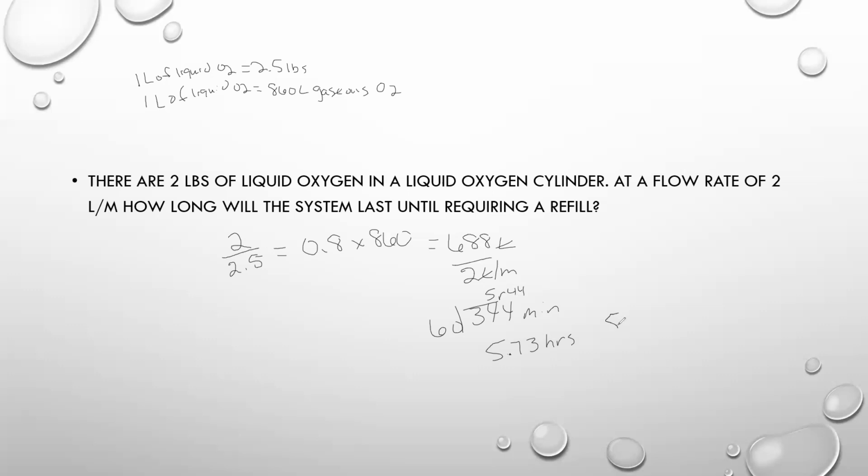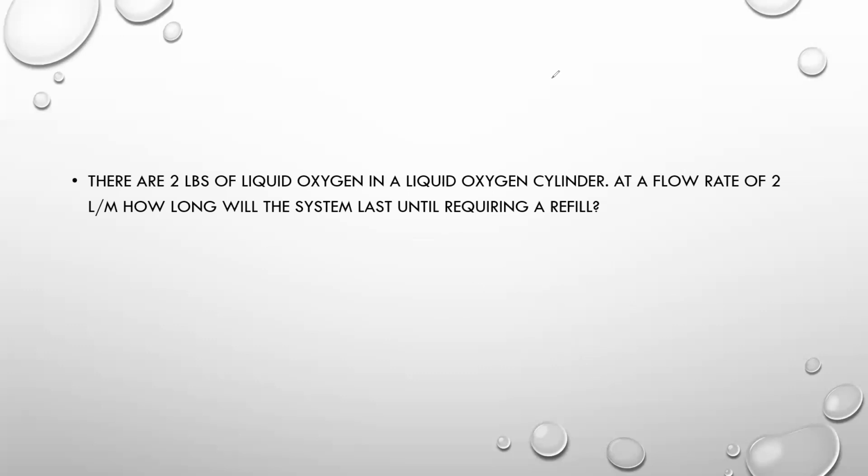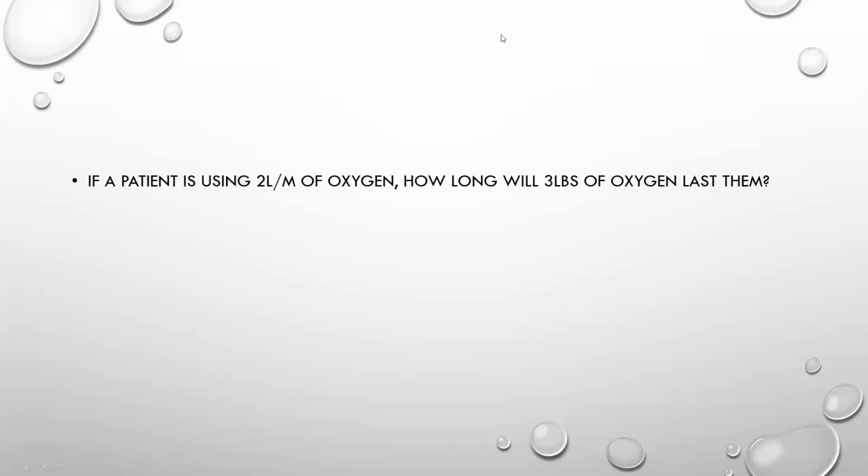So it's 5 hours and 44 minutes. Or you take the 0.73, multiply that by 60, and that's also going to let you know that you've got 44 minutes left over. So that's how you go about calculating your liquid oxygen. We've got a couple more that we work on and we'll finish this series of calculations.